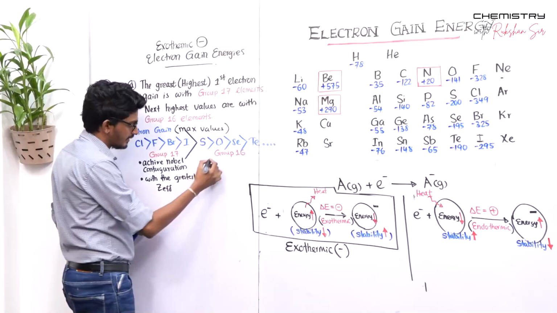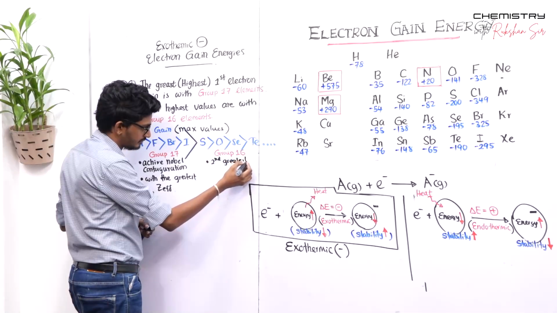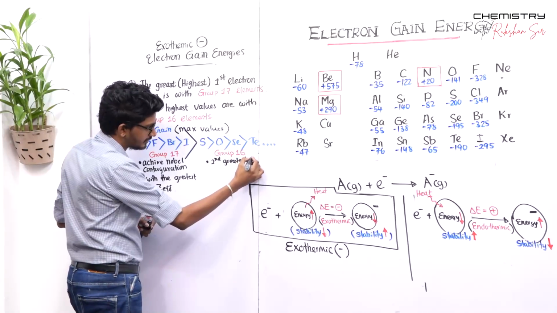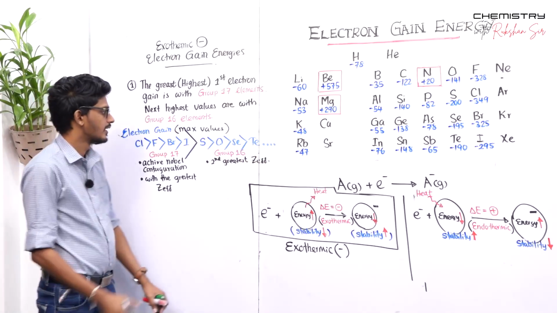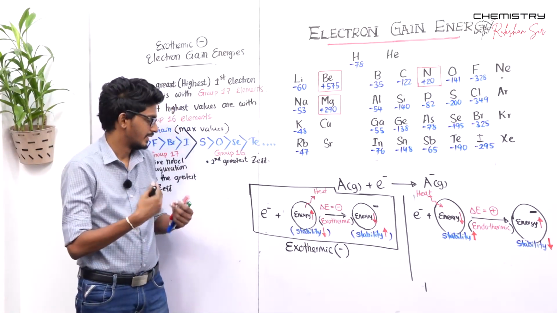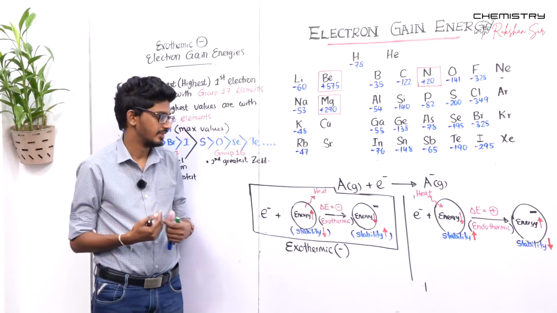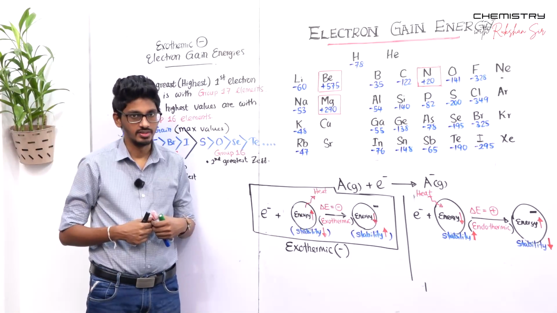The second greatest effective nuclear charge is carried by the group 16s. That is why they show considerable exothermic value to gain an electron.